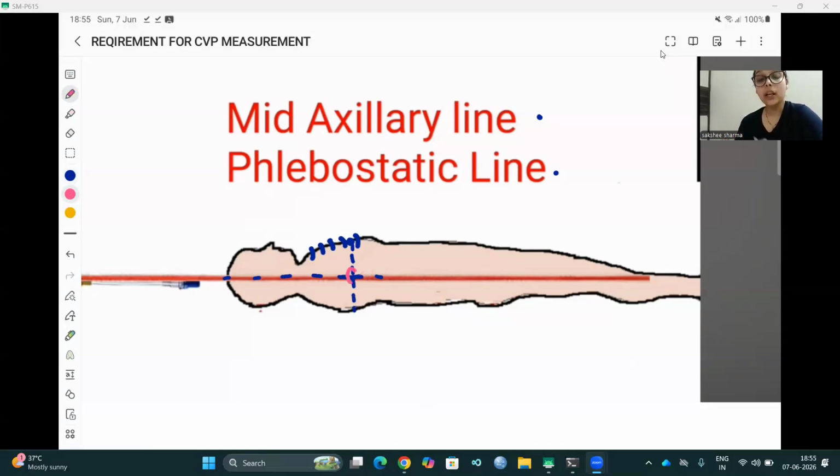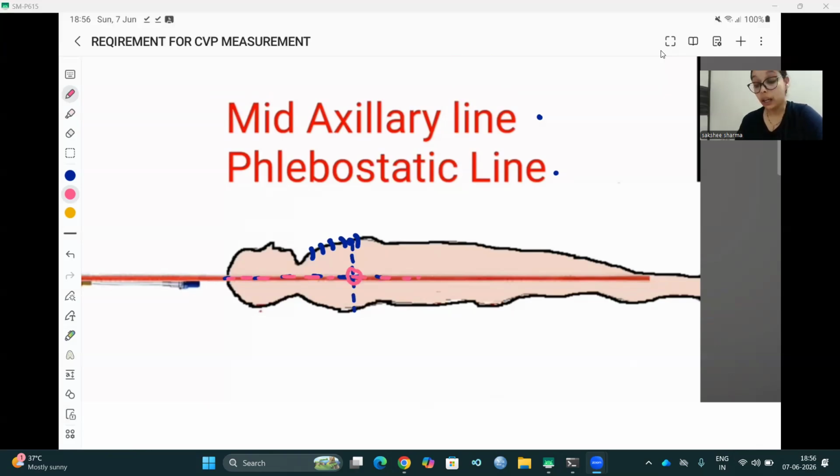This point where they intersect is known as the phlebostatic point, and the line which goes through this axis is called the phlebostatic line or mid axillary line.